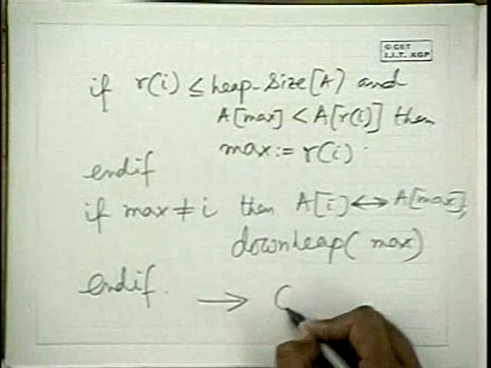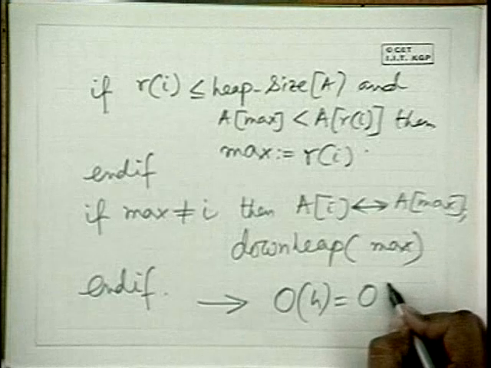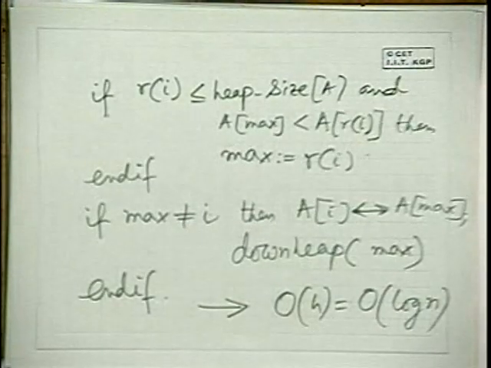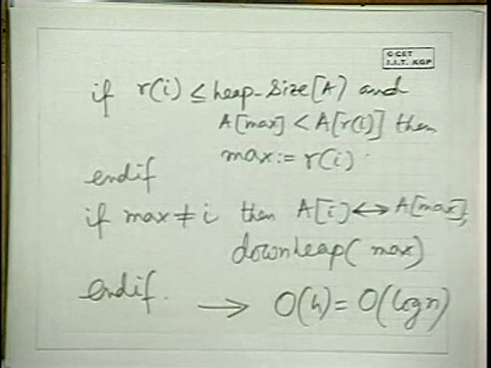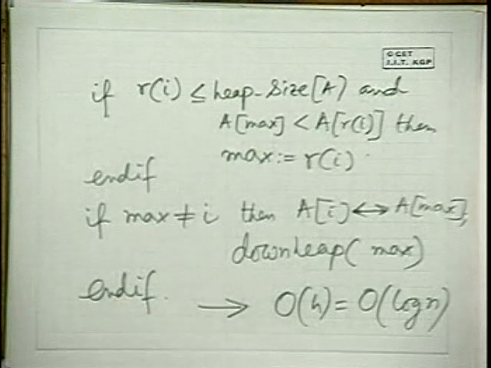So the complexity of the entire algorithm is guided by the total number of down heap calls, which is order of h, and I already showed that h is order of log n, so this is order of log n, not order of n, correct. Here is the point you raised at some point of time.